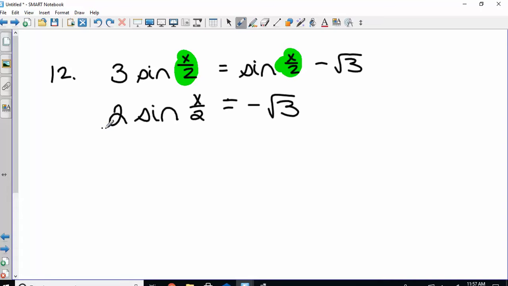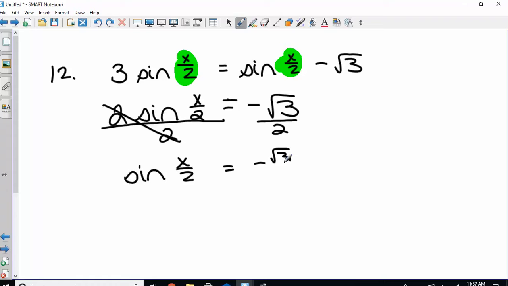So if you want to get sine by itself, we divide by 2. Just remember, guys, can I just multiply by 2 and get rid of that on my angle? No, you can't touch that yet. So quadrants, when is sine negative?